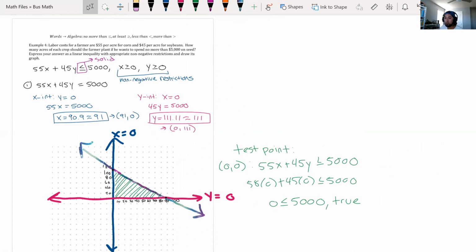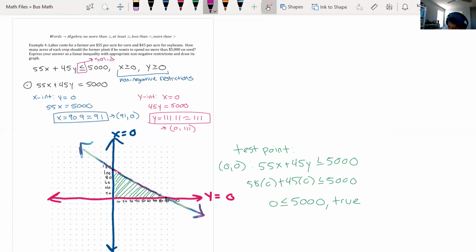Oh yeah, and then there was another question in there that said, how many acres of each crop should the farmer plant if he wants to spend no more than 5,000 on seed? Well, that's the X-intercept and the Y-intercept, 91 and 111.